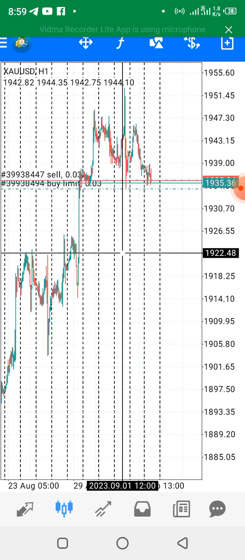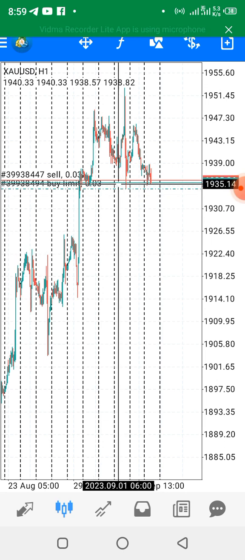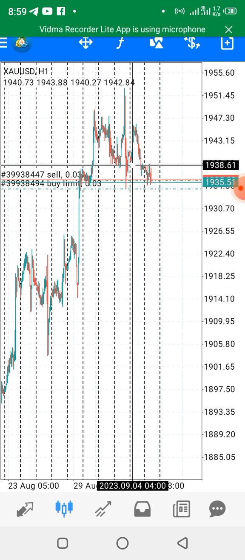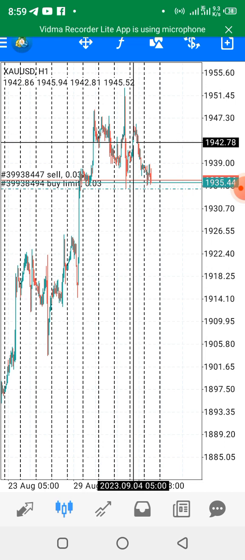So now we are selling. So we want to put our take profit at 1922.48, and then our stop loss should be above the current market price. Let's say 1942.78. All right, so let's take the trade. We'll click here.